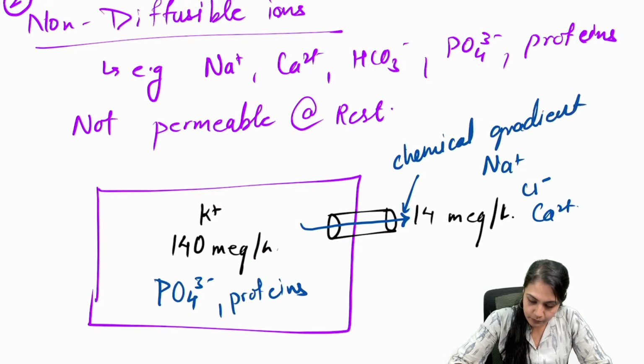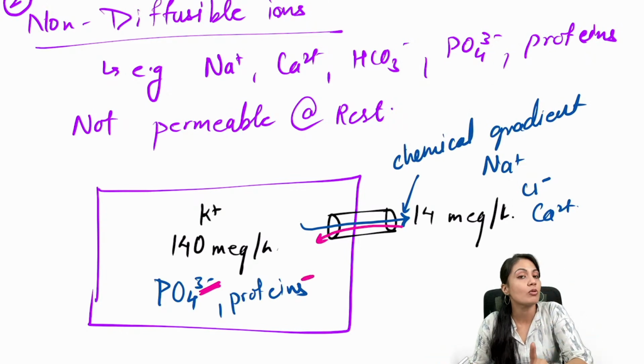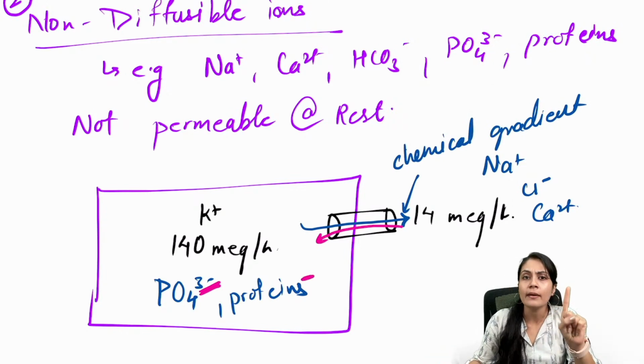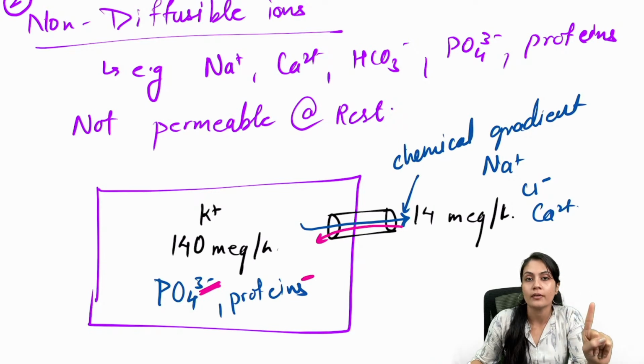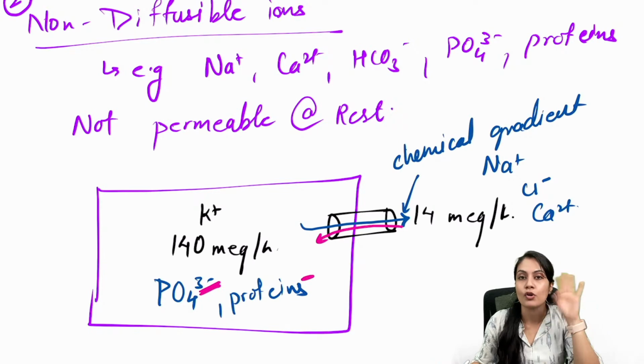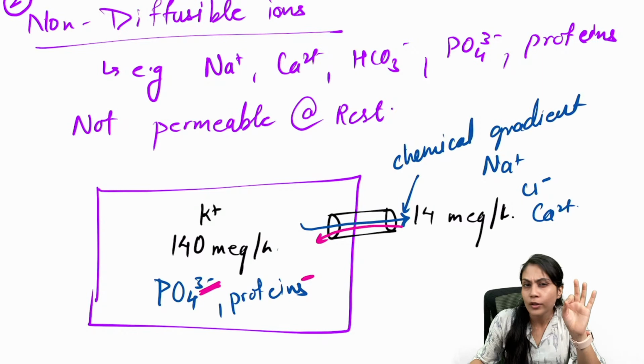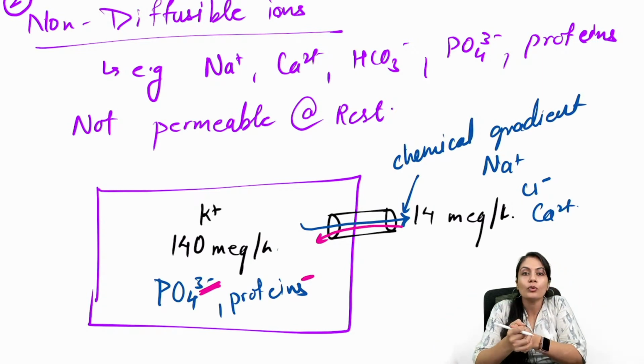But understand, when we talk about the electrical gradient, because of these negatively charged molecules, remember the proteins are also negatively charged, the main or major negatively charged ion inside the cell is going to be phosphate. Now understand what they are going to do. They are going to hold on to the potassium.